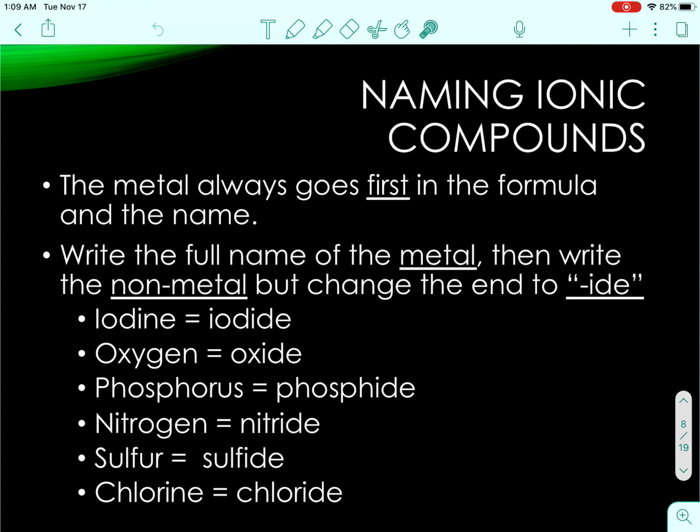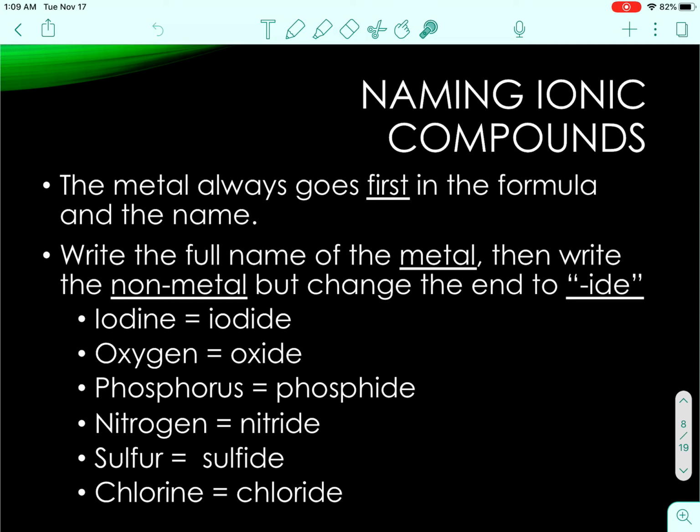Some of these, it's just how it sounds best. If you can't figure out the best way to take off the ending and change it, you go with how it sounds best. So oxygen becomes oxide. Phosphorus becomes phosphide. Nitrogen becomes nitride, sulfur, sulfide, chlorine, chloride.